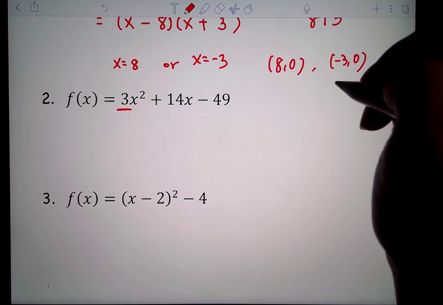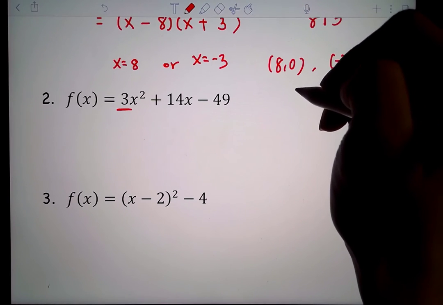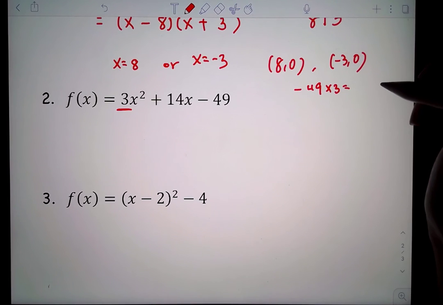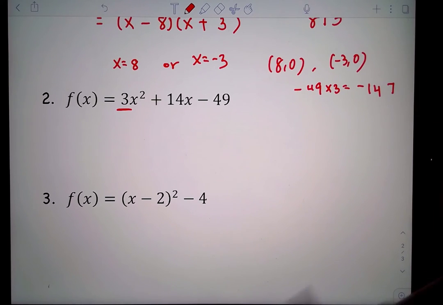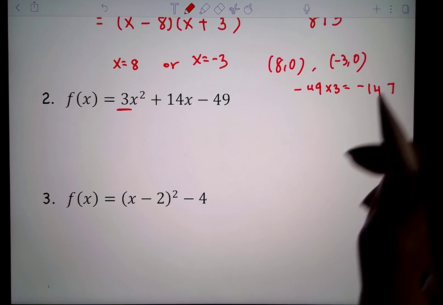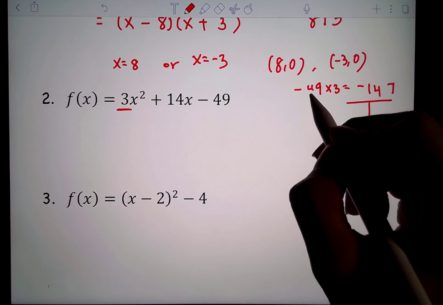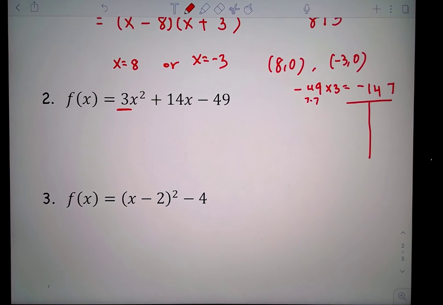So 3 and negative 49. So negative 49 times 3 is negative 147, right? And then we need to break it down. Because this 49 is already 7 times 7, you have only 3, 7, and 7 for the factors.